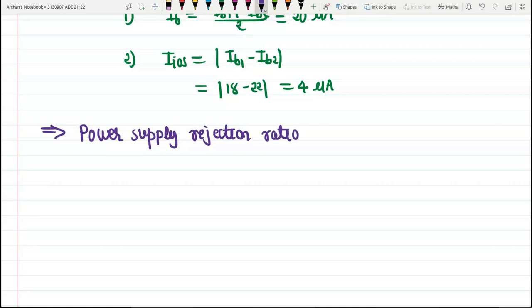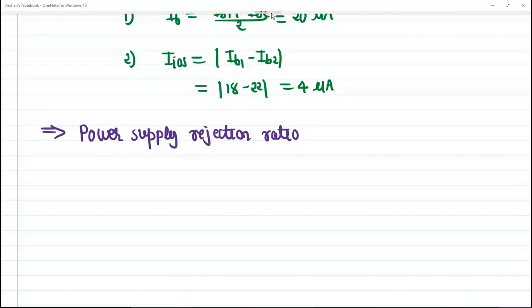According to the definition, the power supply rejection ratio is defined as the ratio of the change in input offset voltage to the change in supply voltage producing it, keeping the other supply voltage constant. It is also known as power supply sensitivity.